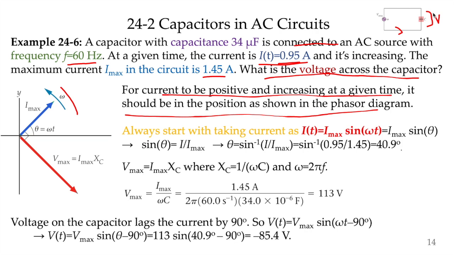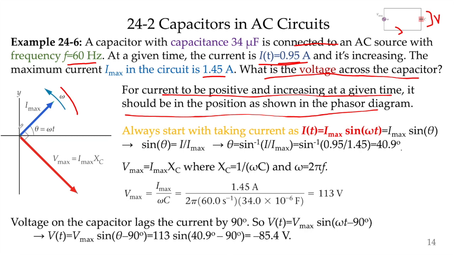The current is now positive because if you look at the y-axis, you will see that the y component of the current is positive, and as the phasors rotate counterclockwise, the y component will increase, right?